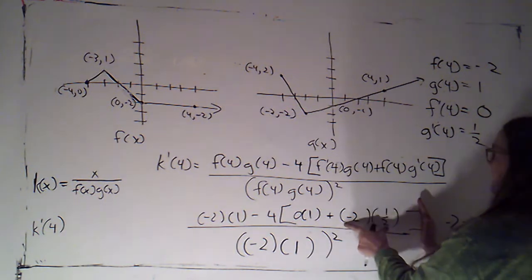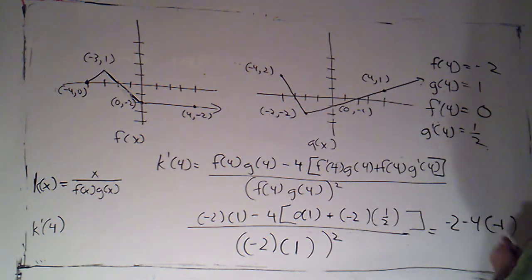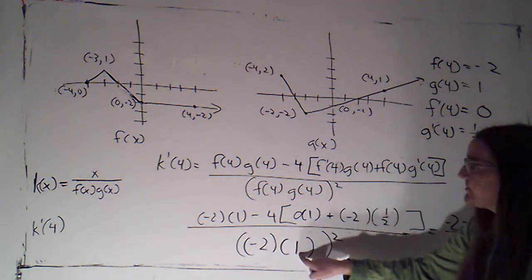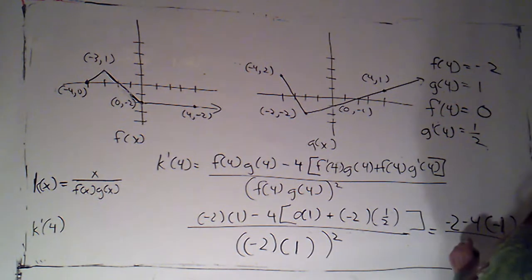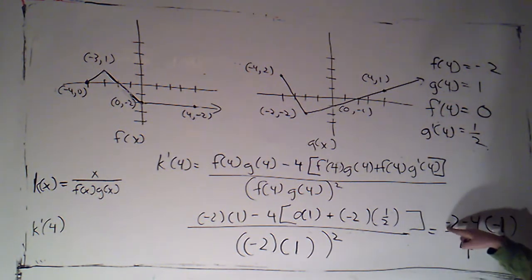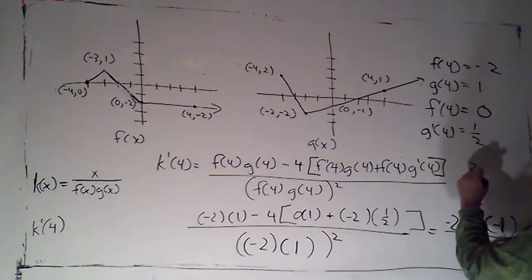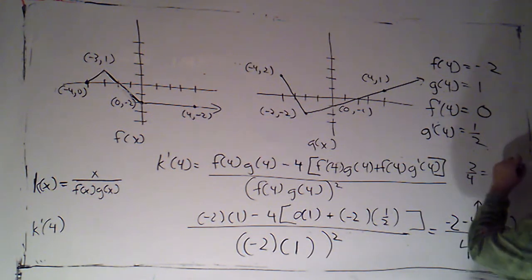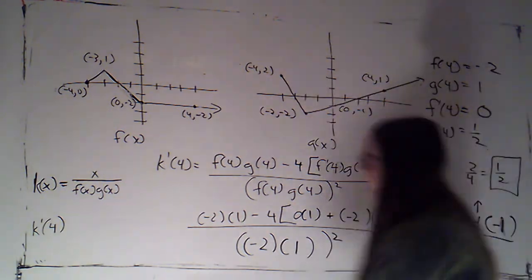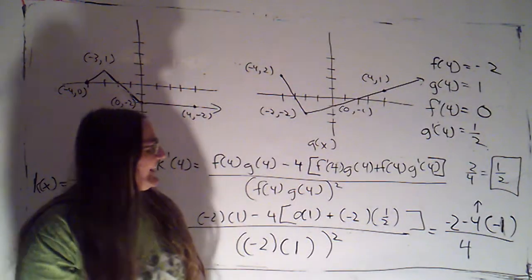That was a positive 1/2. So that's just negative 1. And on bottom, negative 2 times 1 is negative 2. Squared is 4. So let's see, that's negative 2 minus 4 times negative 1 is plus 4. So that's going to be 2 over 4, which would simplify to 1/2. All right, good stuff.